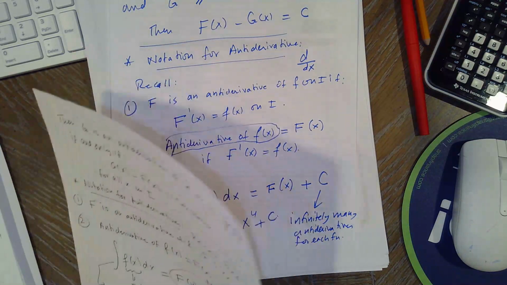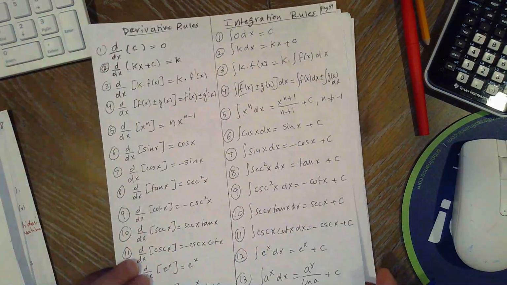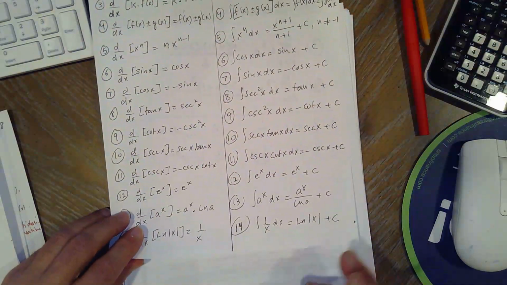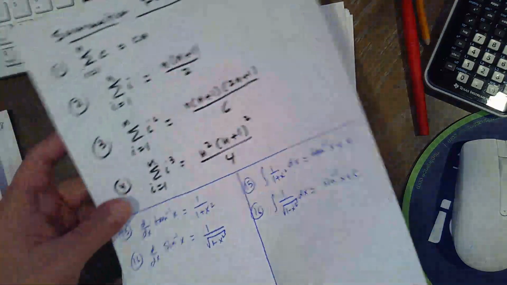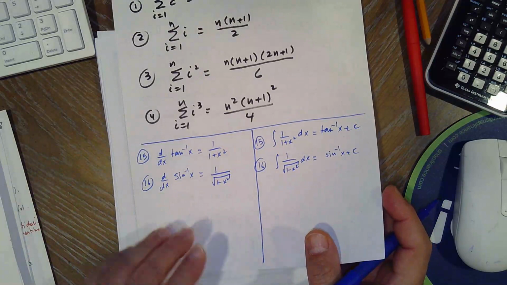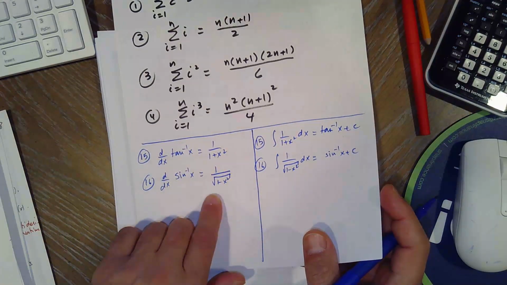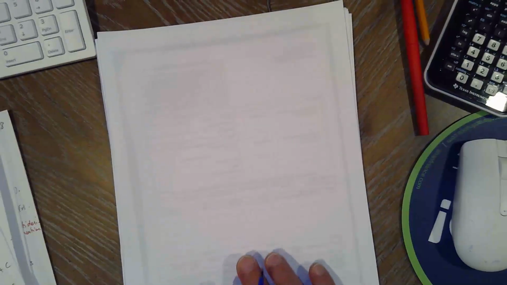So now let's discuss the antiderivative rules or integration rules based on the derivative rules. And I have a handout for this. And actually there's a couple more. This goes up to 14, but on this side, which is not included in your notes, because I scanned the notes and I'm sure this didn't scan, I'm going to write them down for you, okay?